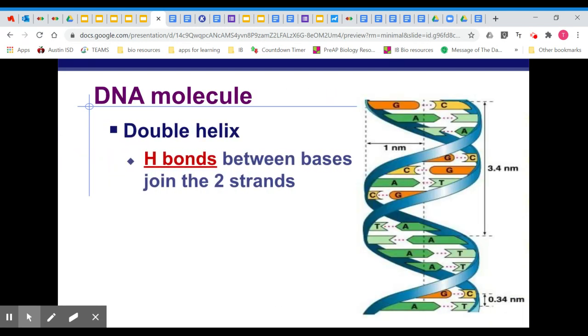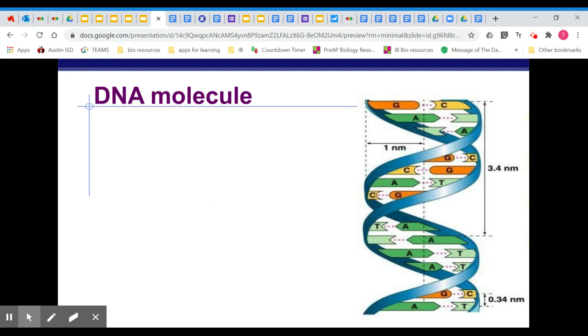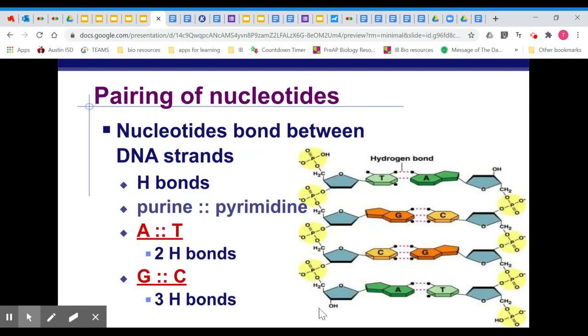The DNA is going to be a double helix, so you have hydrogen bonds holding those together. And you also have covalent bonds holding your nucleotides, that sugar phosphate backbone, together.